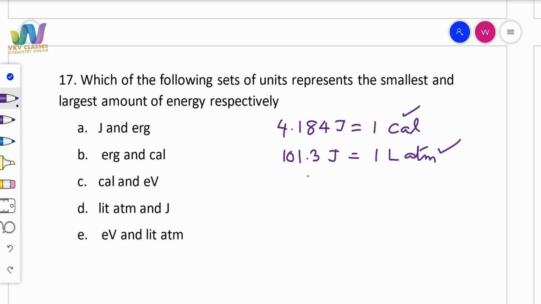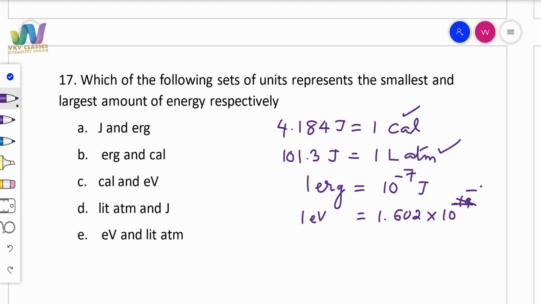Then another unit that you have is the erg. 1 erg is equal to 10 power minus 7 joules. So among these, joule is the bigger unit. Then electron volt. 1 electron volt is equal to 1.602 into 10 power minus 19 joules.